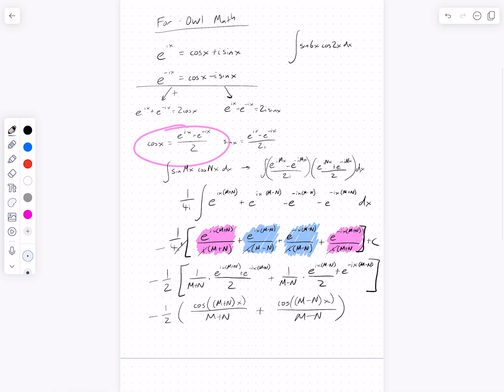Meaning, following that formula, your problem that you did in an Owl Math video is negative 1/2, cosine of 6 plus 2, which is 8, over 8, and cosine of 6 minus 2, which is 4, over 4. Ta-da!